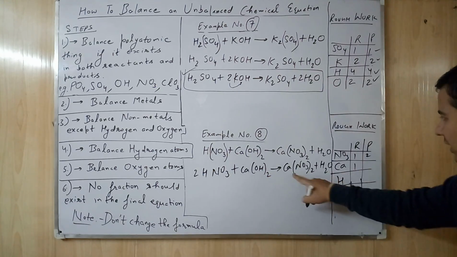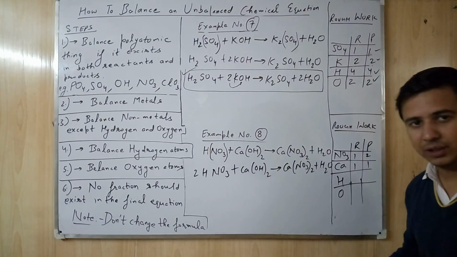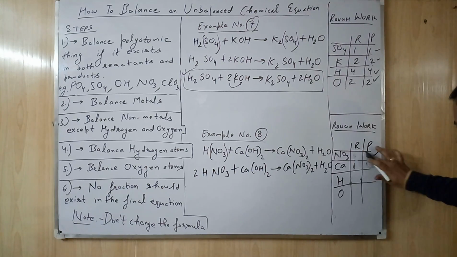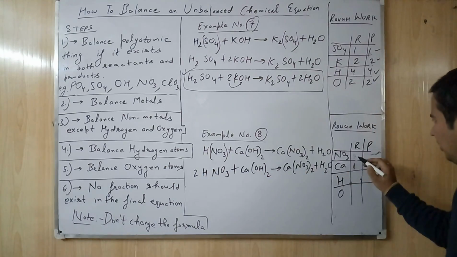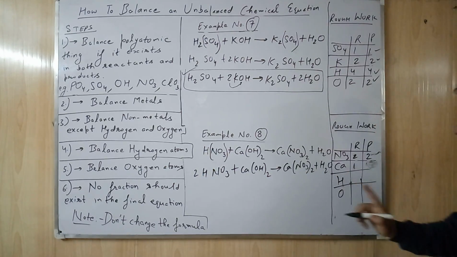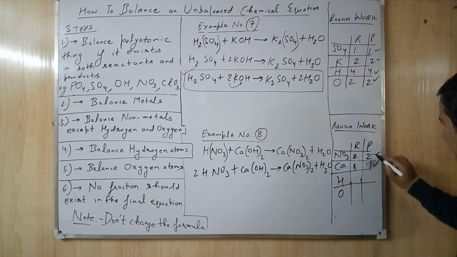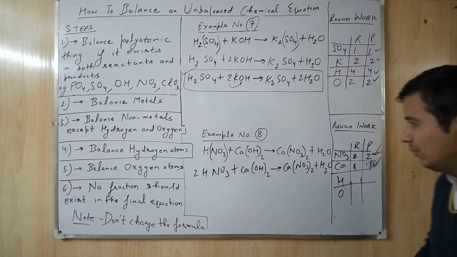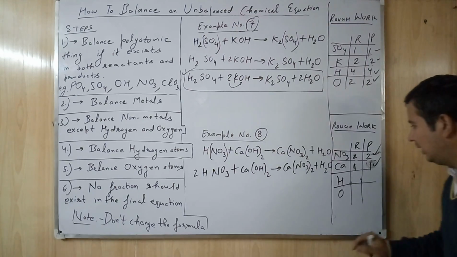Ca 1 on the reactant side, and only 1 on the product side. I had not updated it earlier, but you can update 2 NO3 now, 2 on the product side. Ca 1. Sorry for these mistakes, but let me stay in the flow.